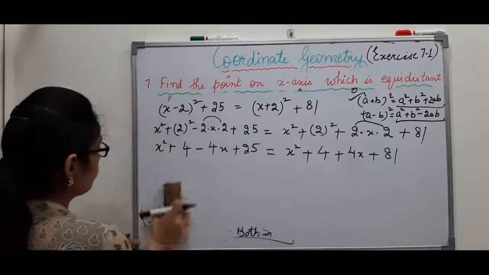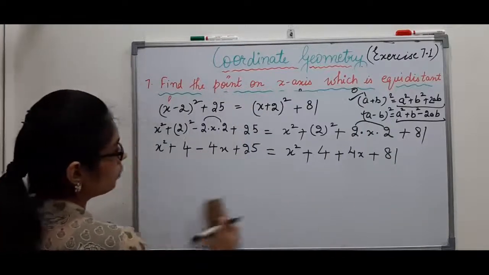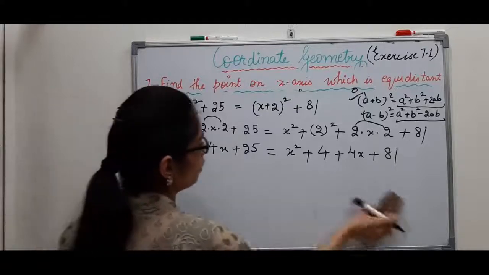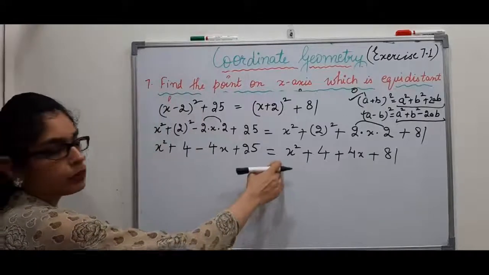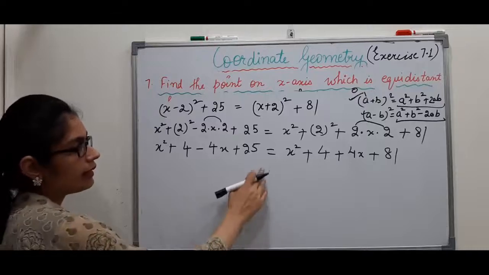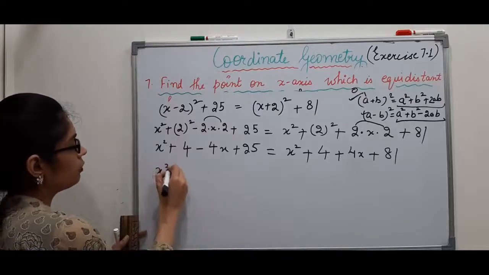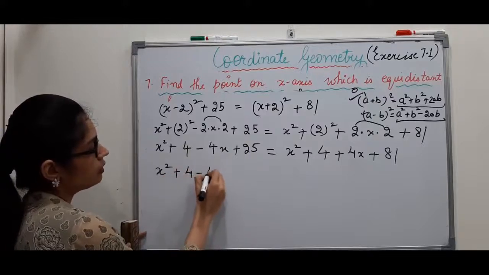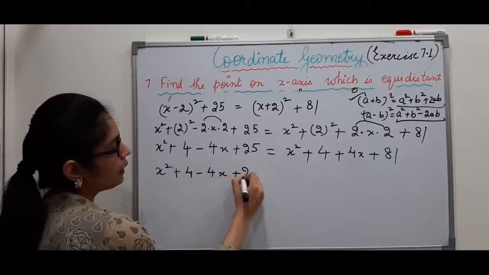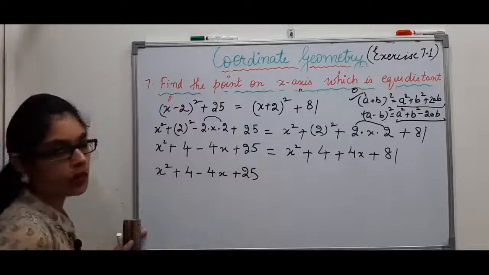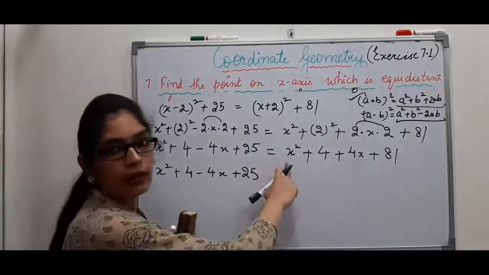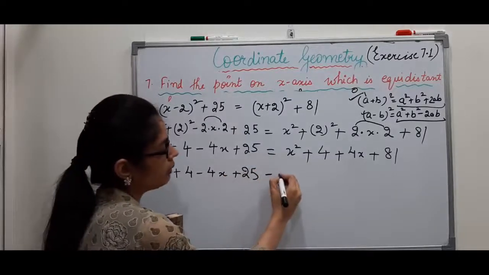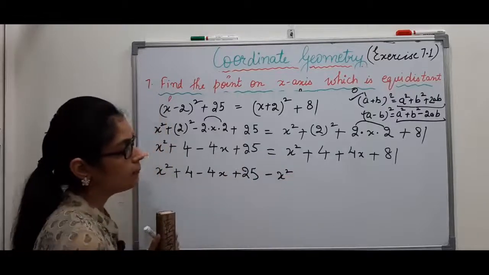So now let's shift all the terms to one side. These terms also I'll shift to this side. So first of all I'll write all these terms: x square plus 4 minus 4x square plus 25. Now I'll shift these terms to this side. So x square will be changed to minus x square on shifting the side.